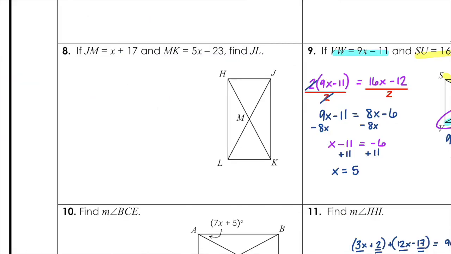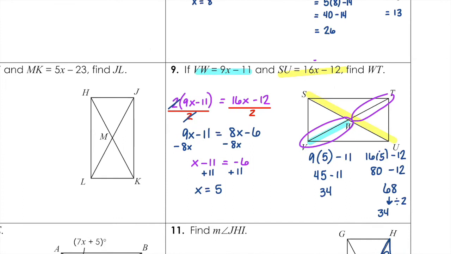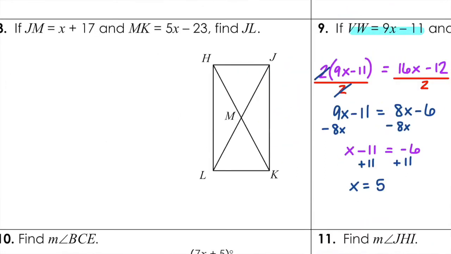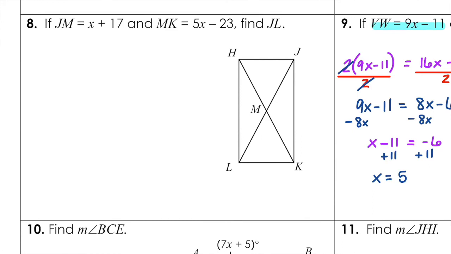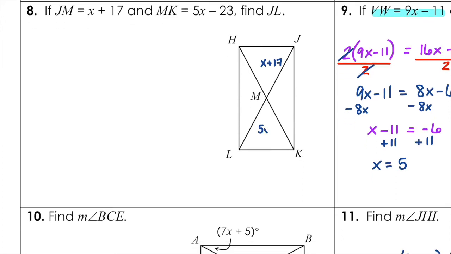Number 8. JM is x plus 17. And MK is 5x minus 23.